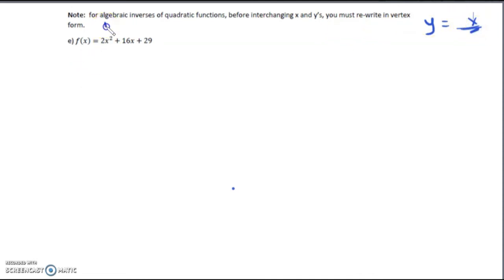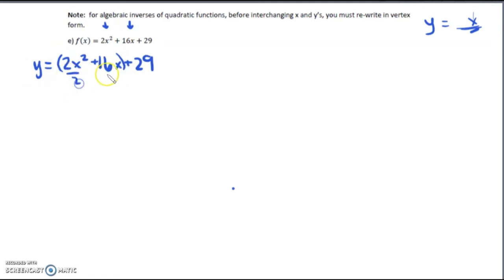So there's an issue when we have an x squared and an x. It gets complicated and messy. So let's rewrite this as y equals 2x squared plus 16x plus 29. So let's first complete the square, because then we get this quadratic in vertex form. And what happens is then we only have one y and one x on each side.